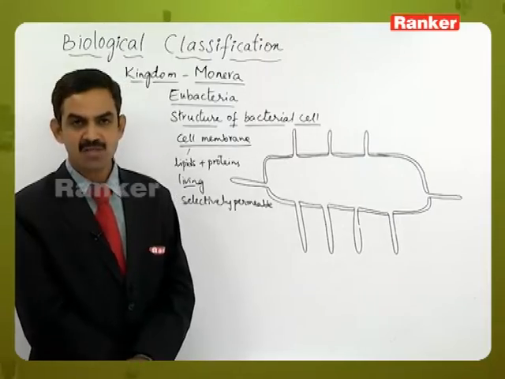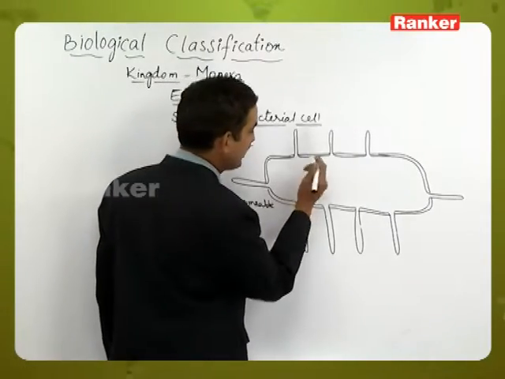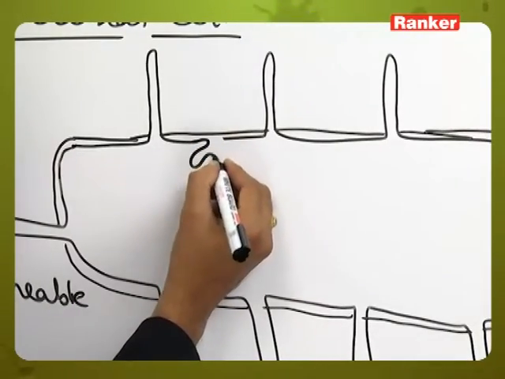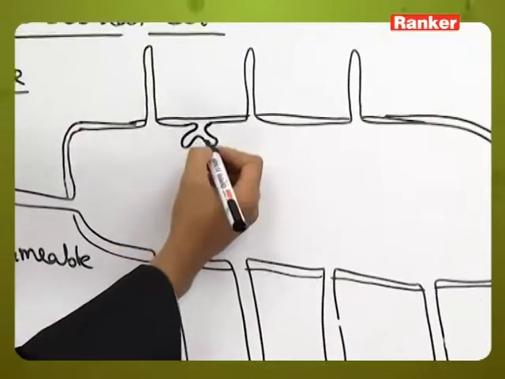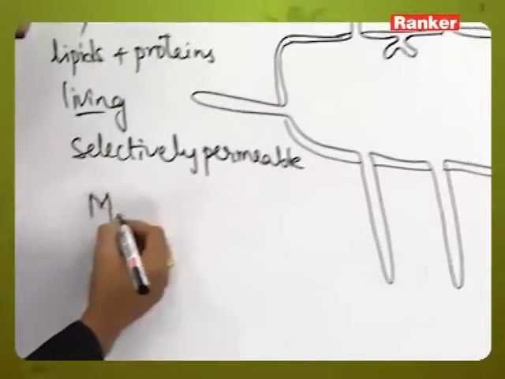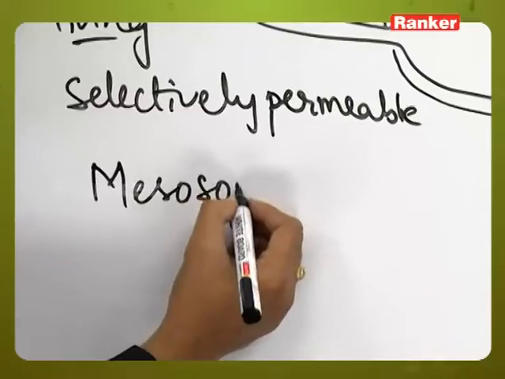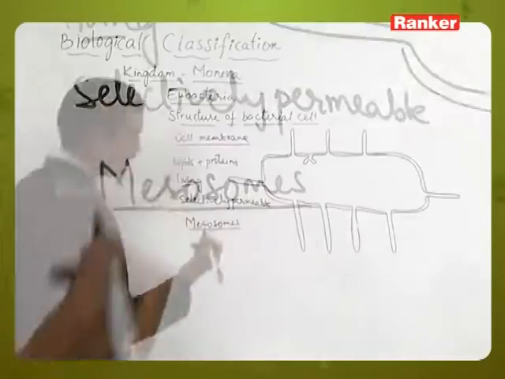Here we can see some invaginations, here and there inside the bacterial cell. These invaginations are called mesosomes.